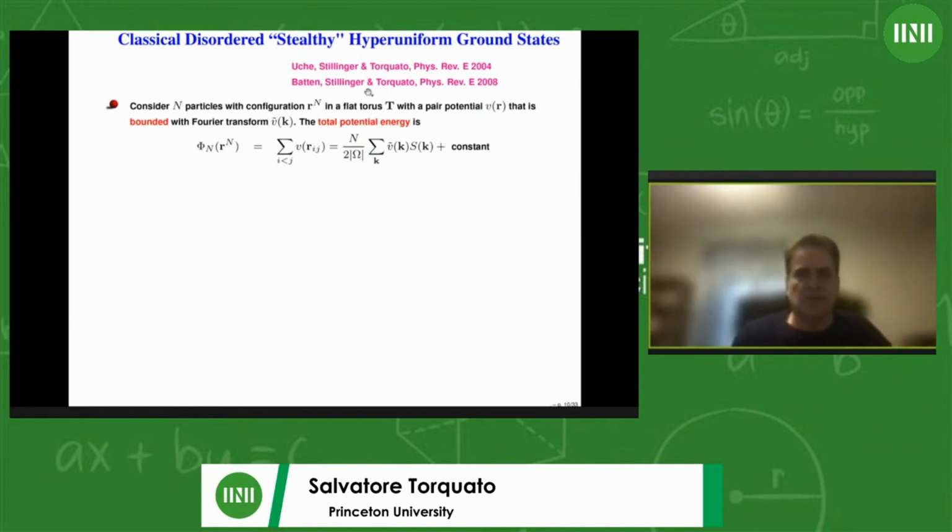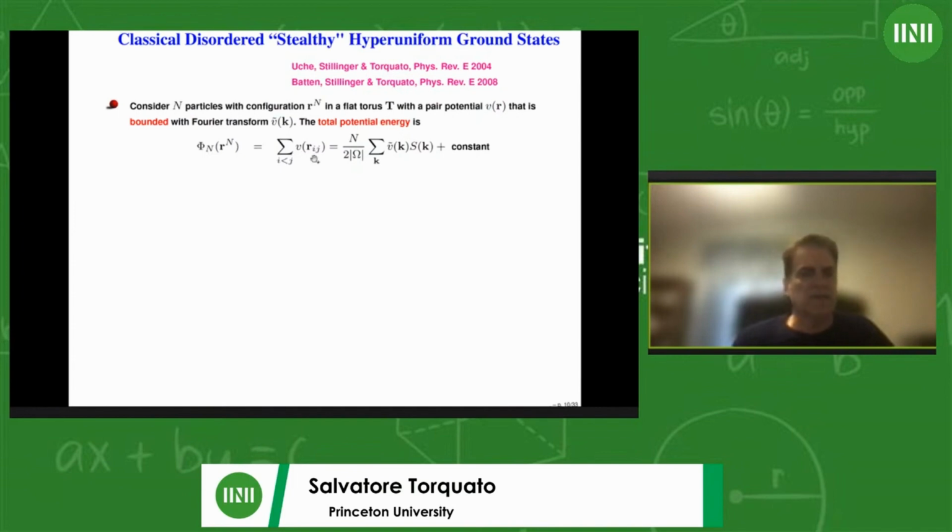These are from early papers with Frank Stillinger and students. You imagine that you have n particles in some configuration under periodic boundary conditions in a box, in a fundamental cell, with a pair potential, V, that is bounded with a Fourier transform. V tilde is the Fourier transform of the pair potential. Because of the setting, you can write down the total potential energy in the standard way, as a sum of pairwise terms.